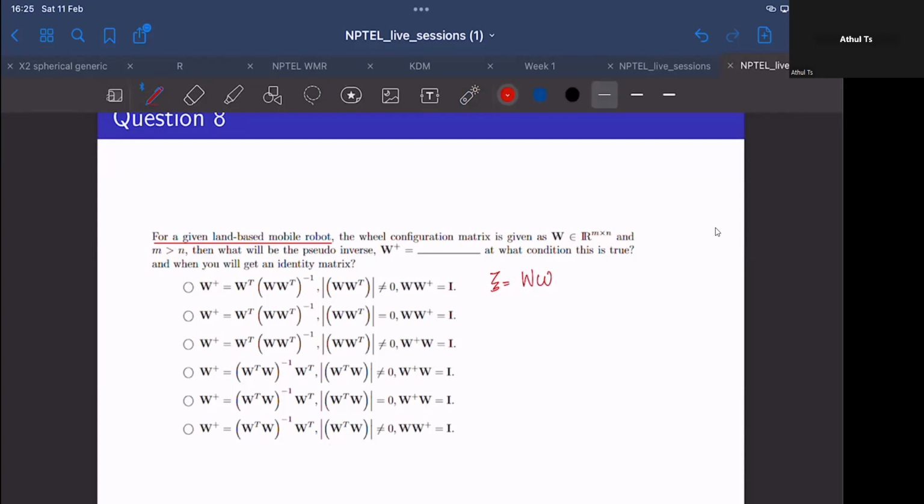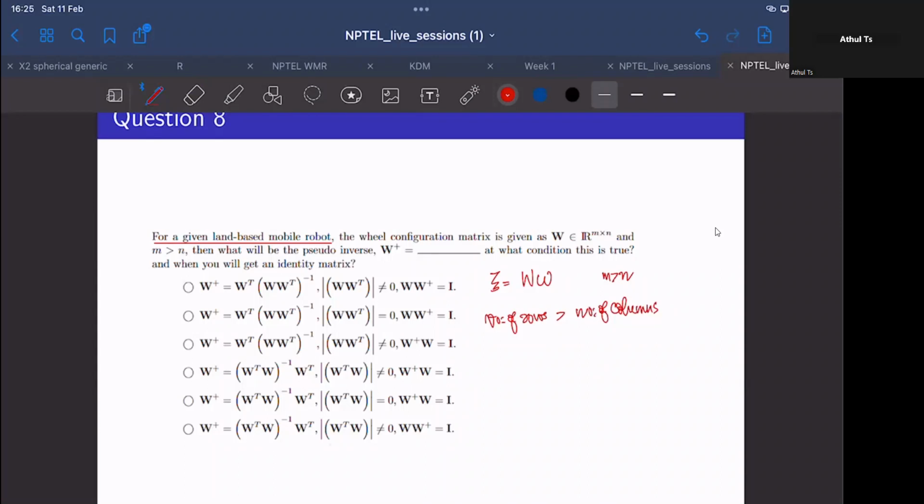So what does M greater than N mean? This simply means that the number of rows is greater than the number of columns. So our W matrix would be a tall matrix.